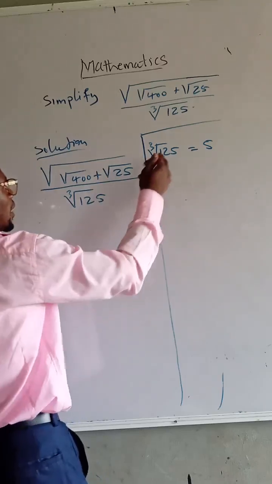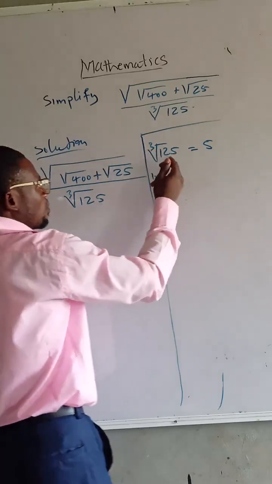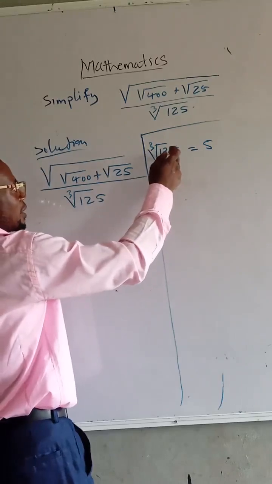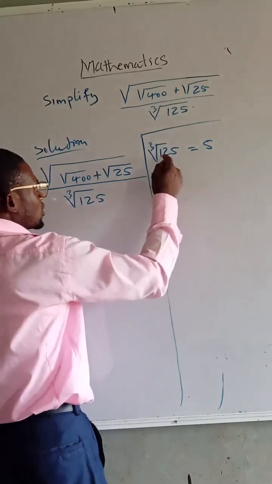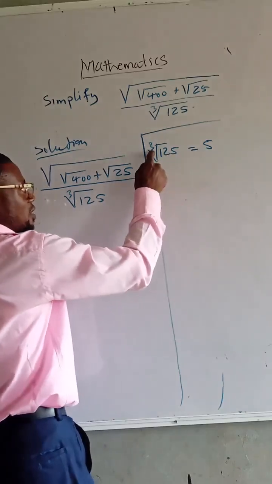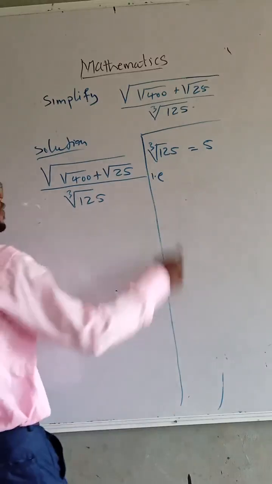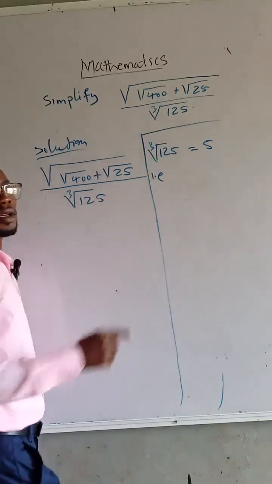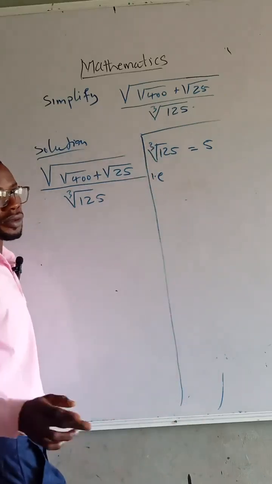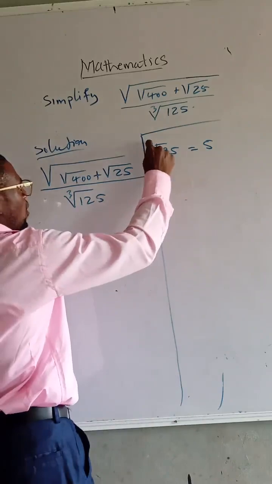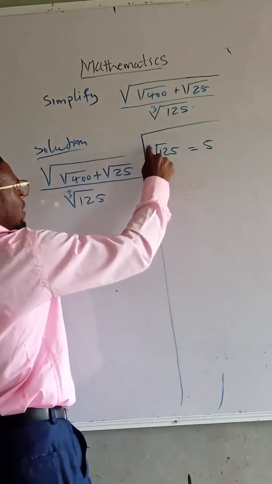That is, when you see cube root, what number can you multiply by itself 3 times to give you 125? That is the meaning of cube root. If it is fourth root, the same method. Fifth root, the same method. If nothing is here, that is square root.